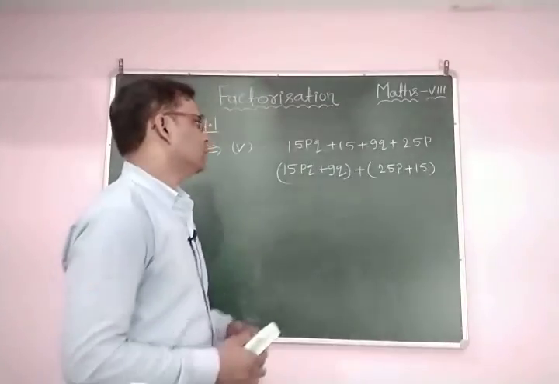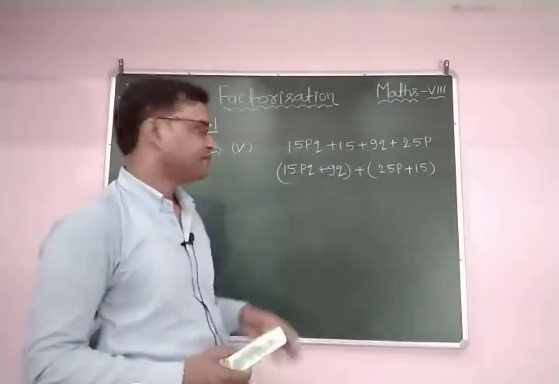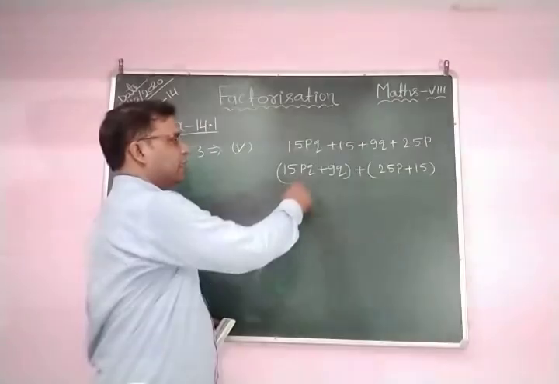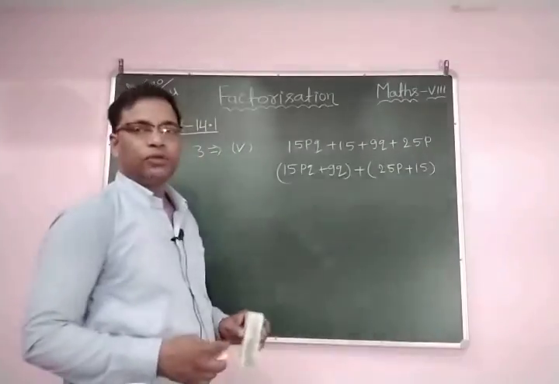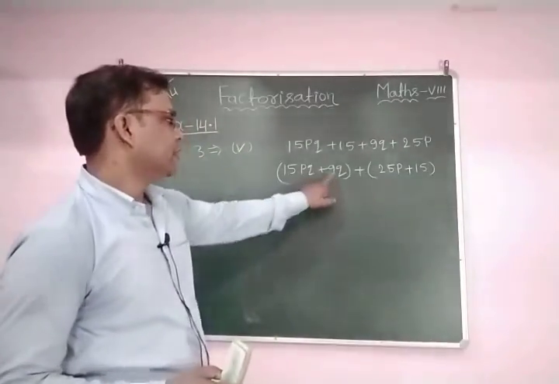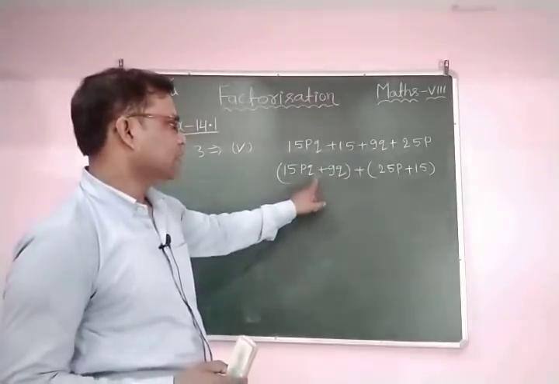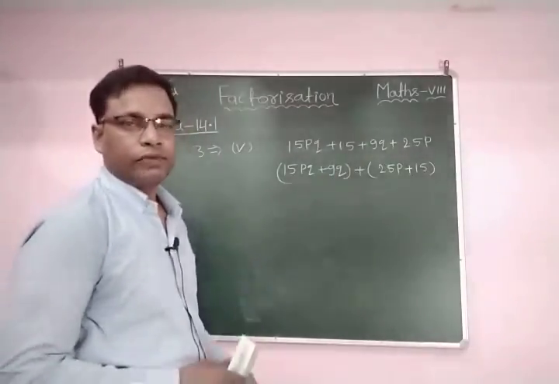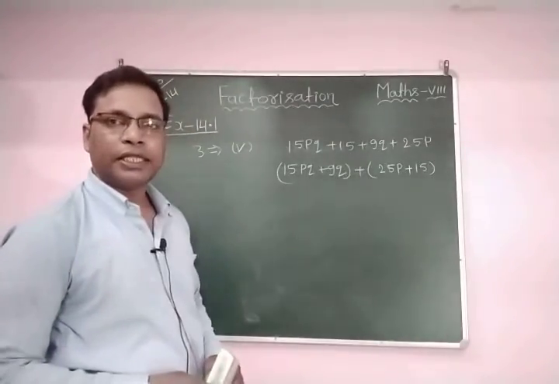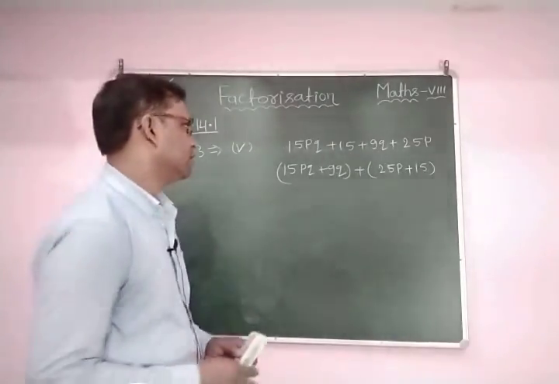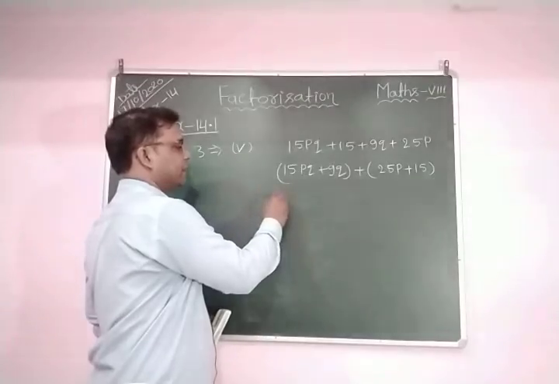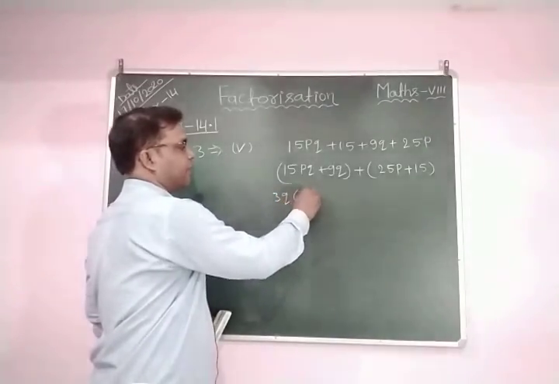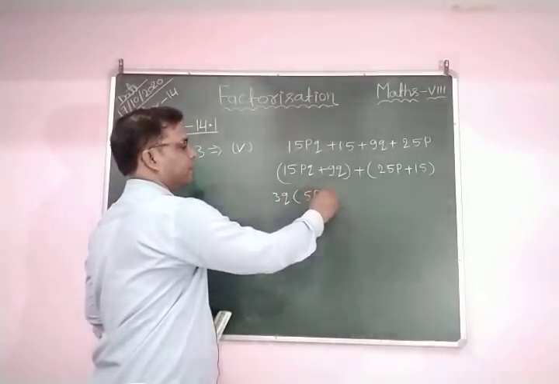So what is the common between them? Here 15 means 5 into 3, and in both there is q, and 9 is 3 into 3. So what is common between them? 3q is common. So you can write here 3q, and here 5p plus 3.